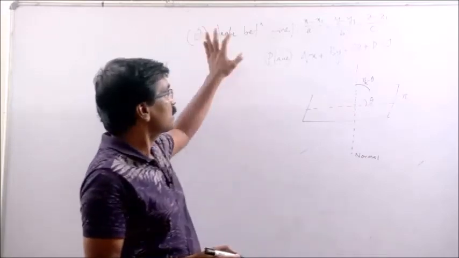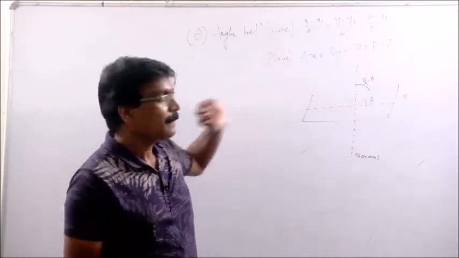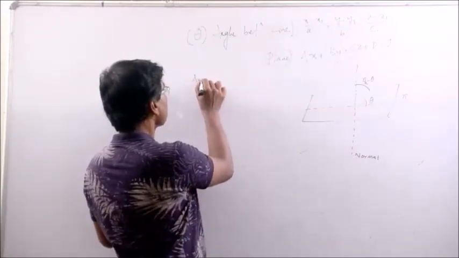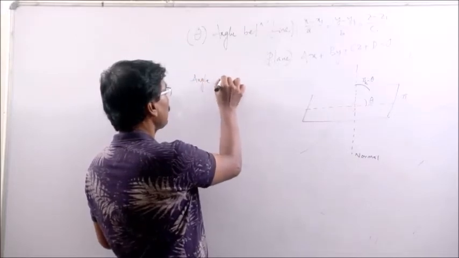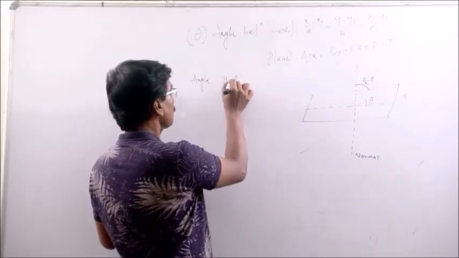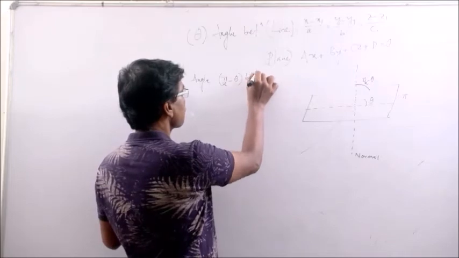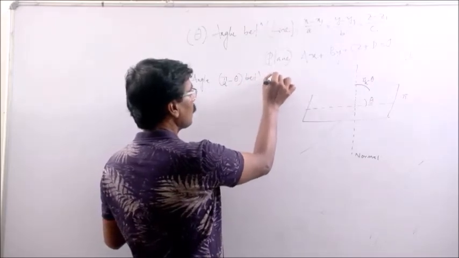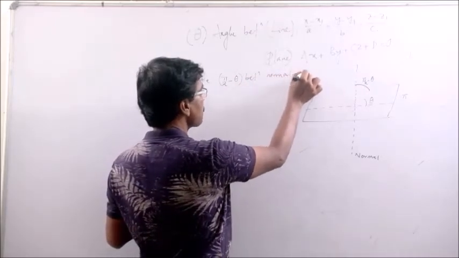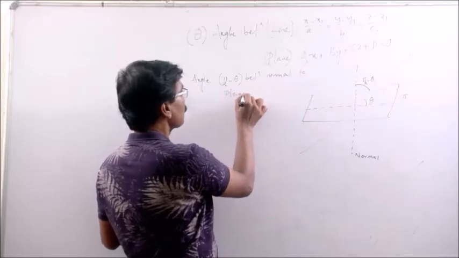So, if theta is the angle between line and plane, then the angle pi by 2 minus theta is between normal to plane and line.